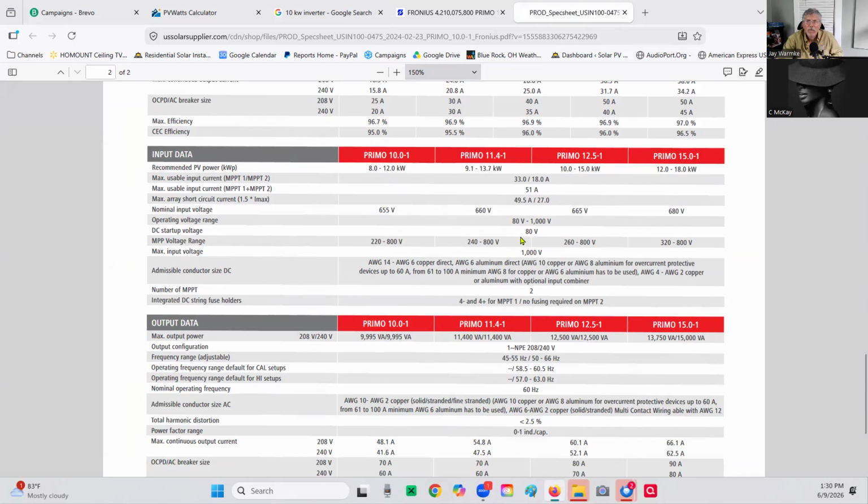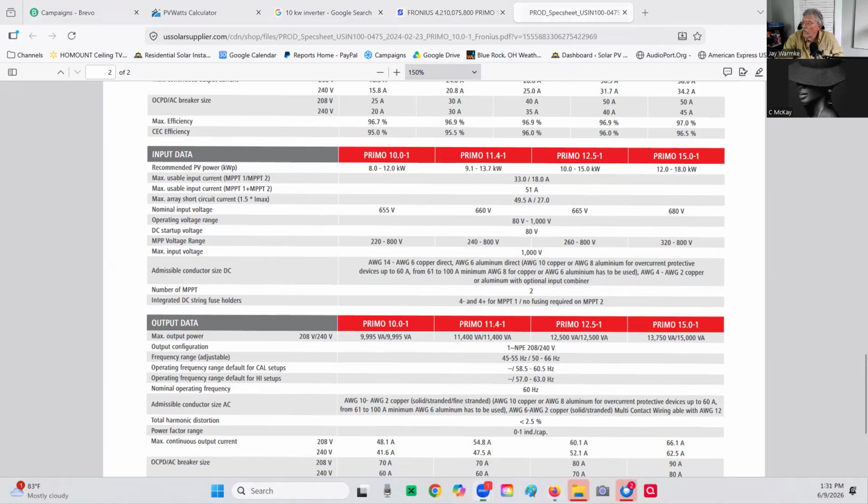And its startup voltage, the DC startup voltage, is 80 volts. So I know that the maximum, because it's residential, is going to be 600, even though the machine can handle more than that. I'm not allowed to go over that because of the National Electrical Code. National Electrical Code says only 600, but the minimum is going to be 80. So we had to search around a little bit there.